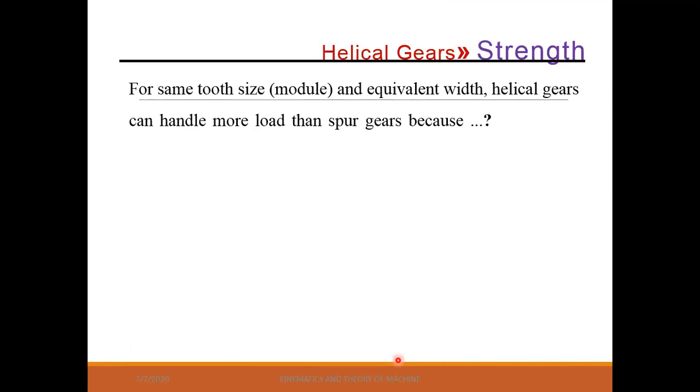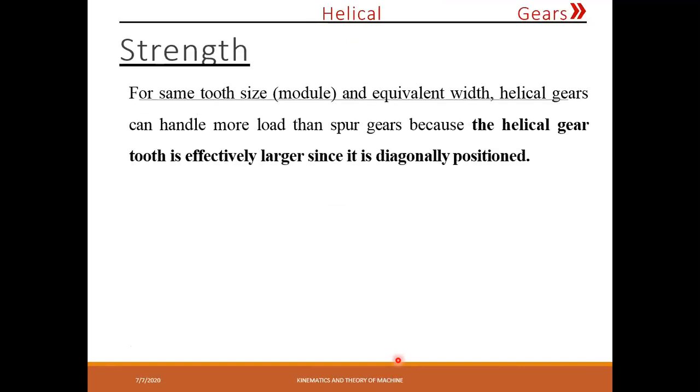Now the strength of the helical gear. For the same tooth size, or you can say for the same module and equivalent width, the helical gears can handle more load than spur gears, because the helical gear tooth is effectively larger since it is diagonally positioned, right? As we discussed, due to the helix angle, the helical teeth are arranged at an angle. Due to this, the contact between two teeth is sliding, right?